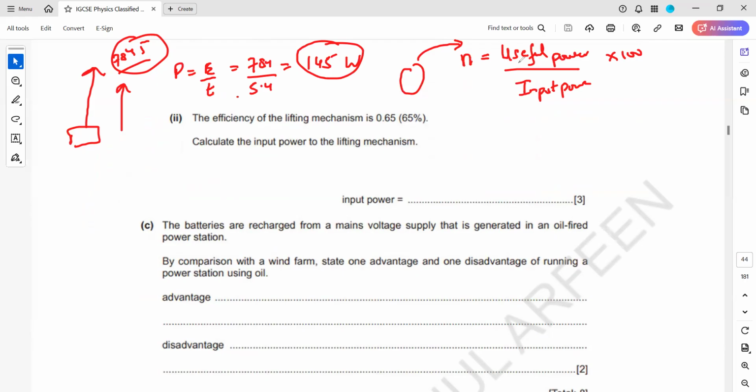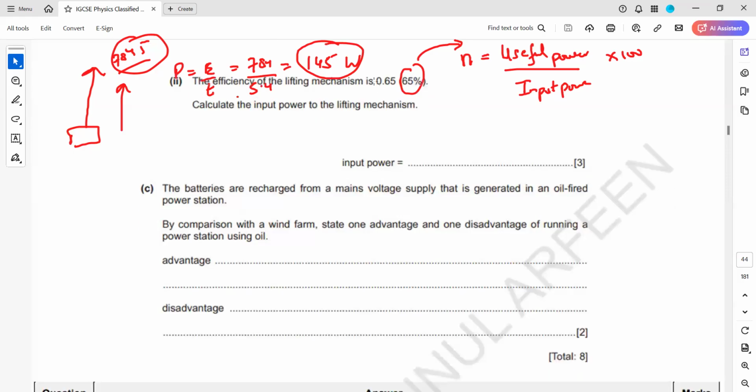We'll use this formula: efficiency is useful power divided by total input power, into 100. The efficiency is 65, the useful power is 145, the input power is unknown, multiplied by 100. You simplify for x, where x is the input power.